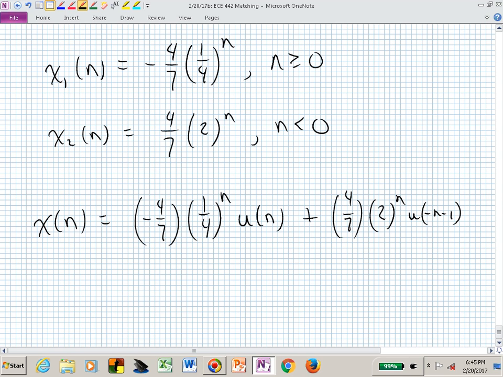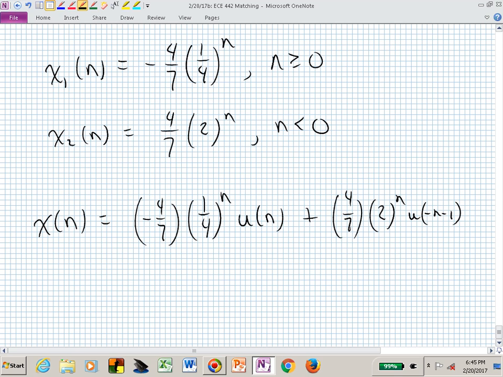No. We want that argument to be 0 or positive. What about minus 1? Now we plug in u of minus (minus 1) minus 1, which is u of 0. So now it kicks on at minus 1. What about any more negative values? U of minus 2, it's on. U of minus 3, it's on. What about the u of n? Is it on? The first term is not on if n is negative.